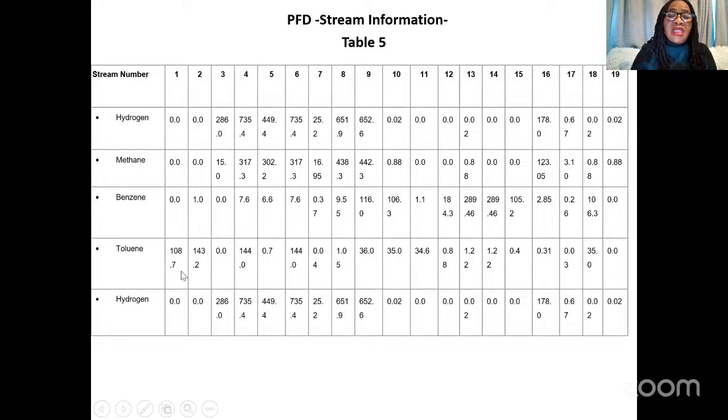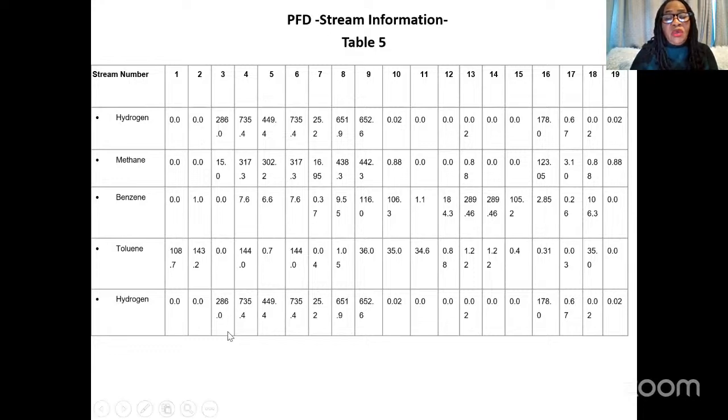Stream 1 is where toluene is going in. So under stream 1, toluene is 108.7. Then stream 3 is where hydrogen is going in, which is 286.